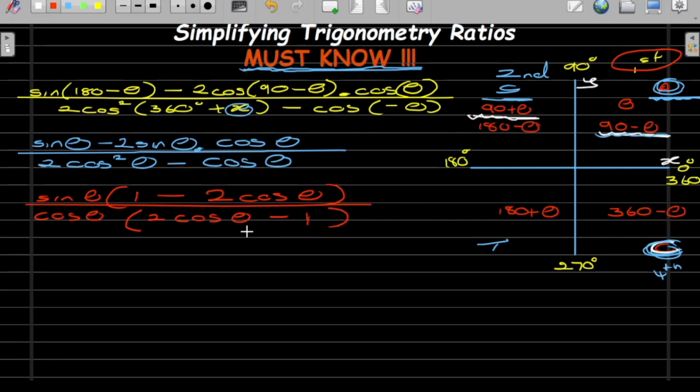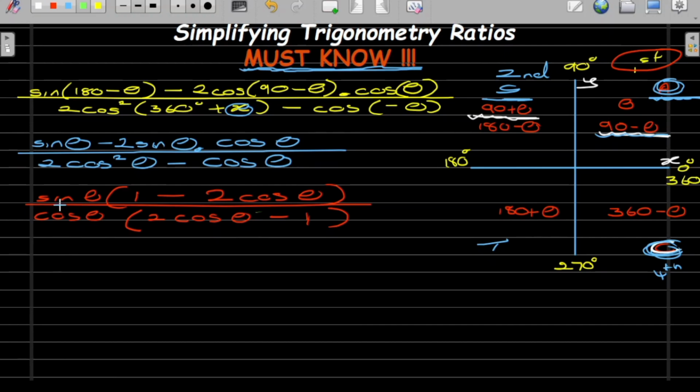And what you will notice is that the top doesn't look like the bottom, right? And you can't cancel them because they are not the same. So what you do, grade 12, is that you need to make it look the same. And how you can do that is by taking out a negative from the top or the bottom, right?